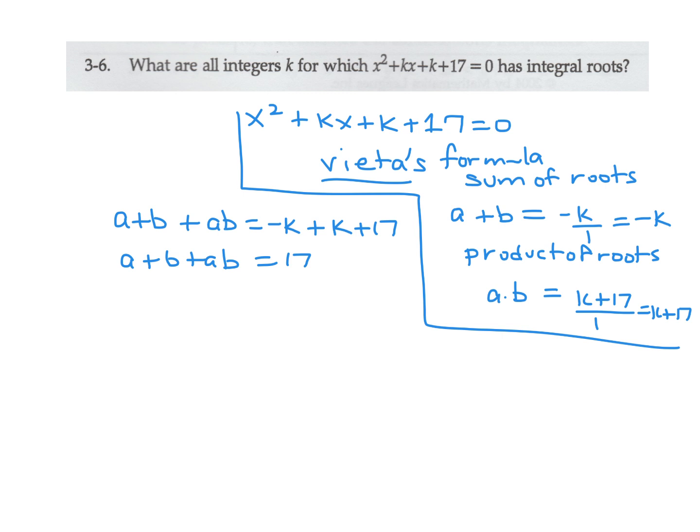And then, can I do anything here? I think I can isolate for a, perhaps. So how do I do that? Let me just see if I did this right.